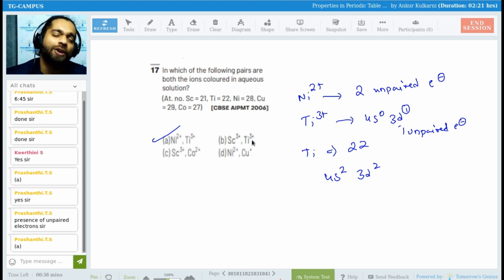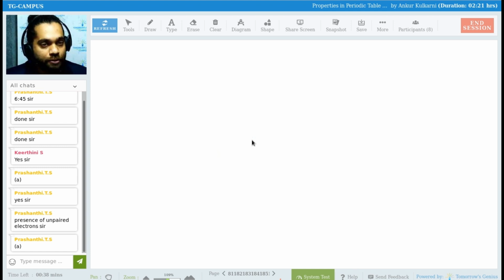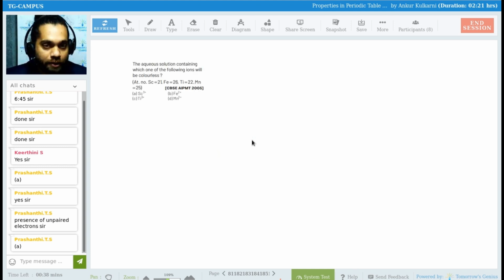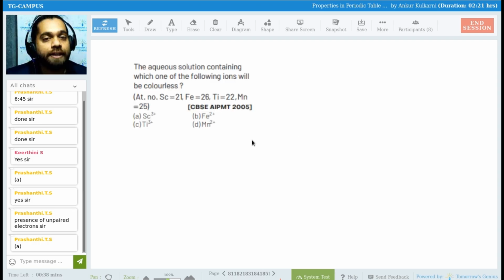After this, your F block is a little bit left, then we are going to start with coordination. Coordination is a bit interesting, not like d and f block. Let's do this last question, then we'll move to the class assessment. Now when you solve it, I'll assign the class assessment.